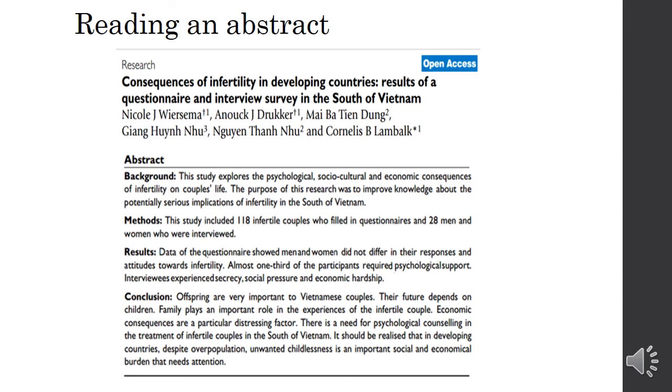And the next element is the result. Results consist of the most important points from the research. And the last is the conclusion. It sums up what has already been discussed in the article.